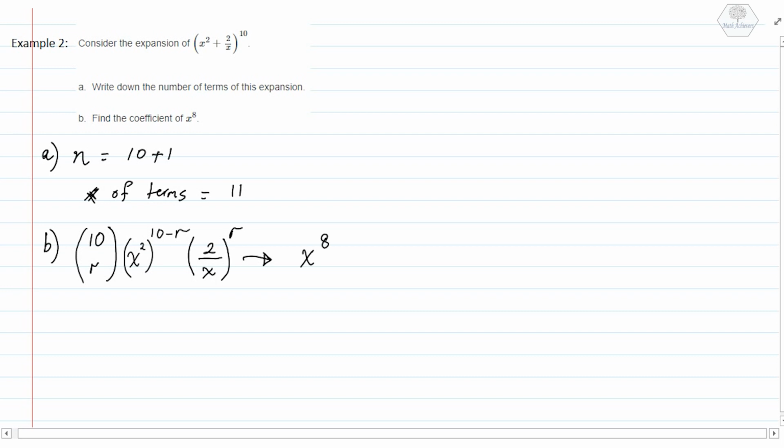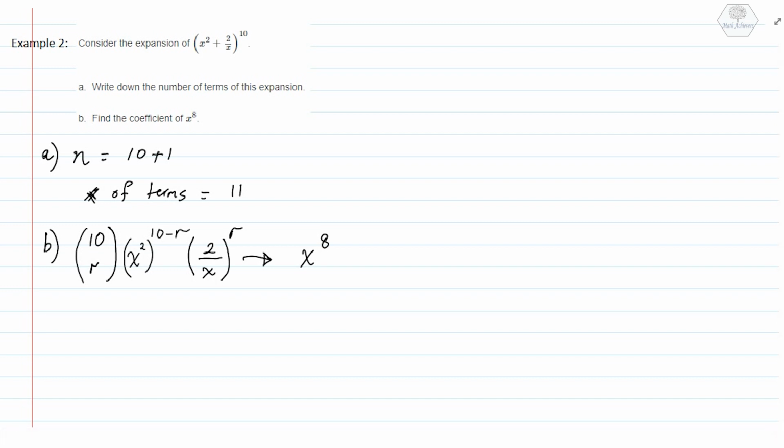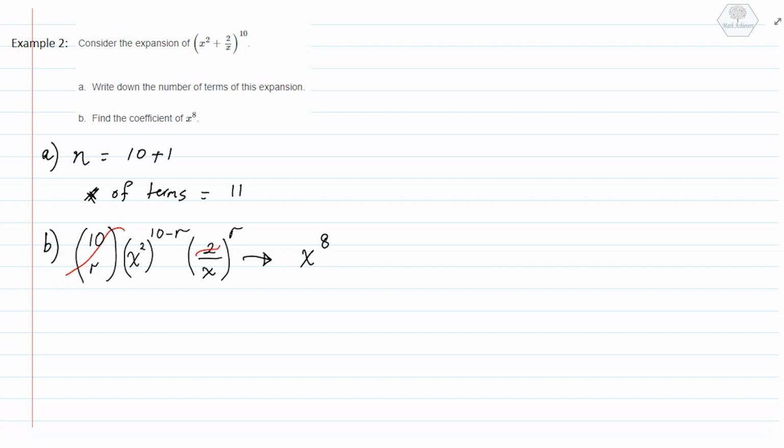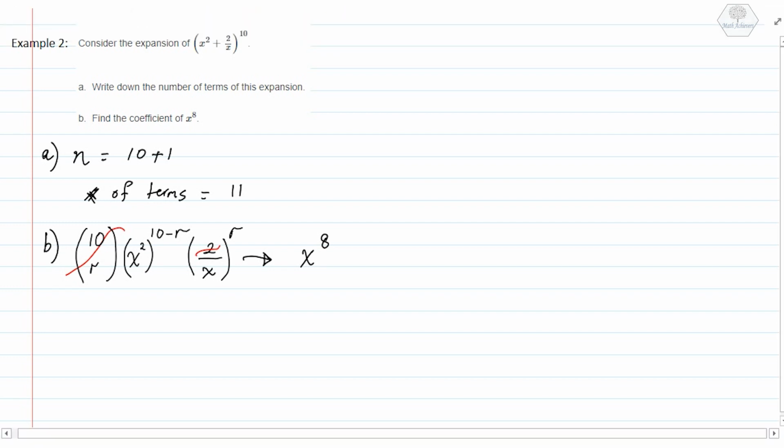So now, in order to find r that gives me x to the power of 8, I must neglect the constants at first. So I neglect this value and I neglect the 2 here. So it becomes x to the power of 20 minus 2r times x to the power of minus r, because I've taken the x outside.